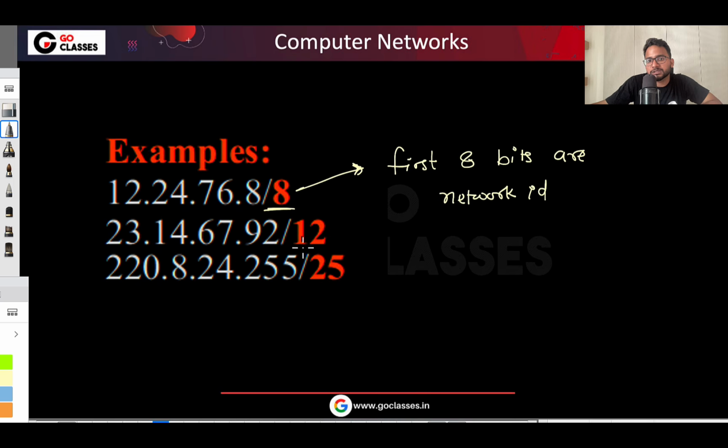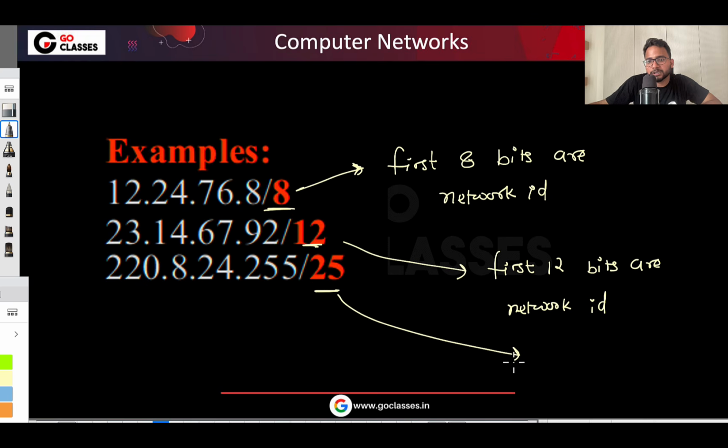What does this slash 12 mean? It means that the first 12 bits are the network ID. What does this slash 25 mean? It also means that the first 25 bits are the network ID.